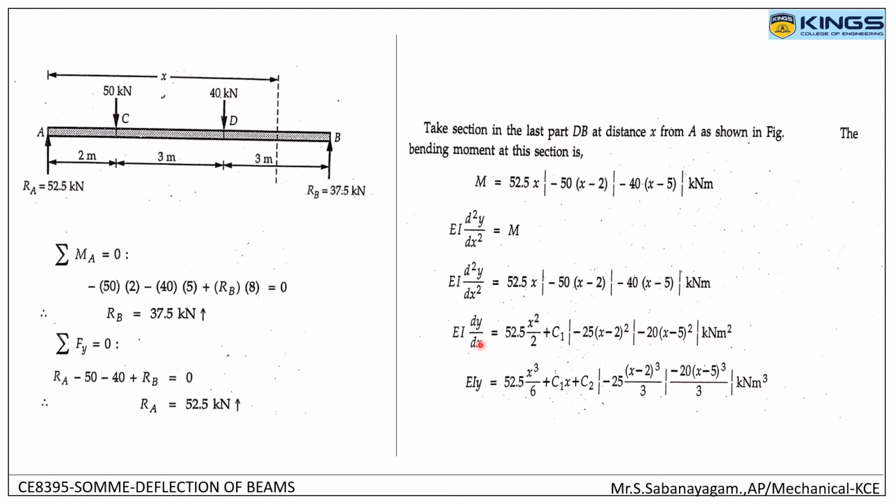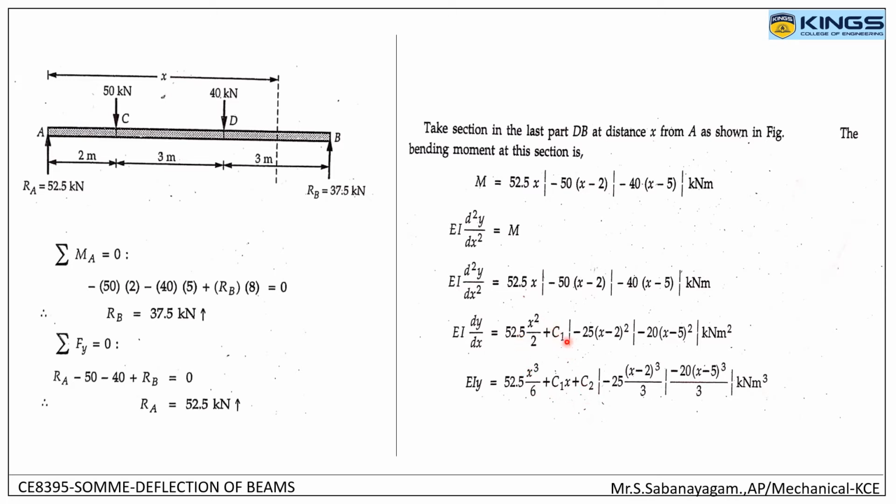On integrating this again, since this is a double integration method, EI dy by dx will become EI y, which is the deflection. The deflection for the given simply supported beam is equal to 52.5 x cube by 6 plus C1 x plus C2.